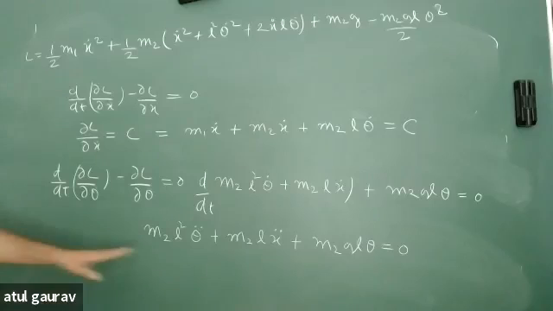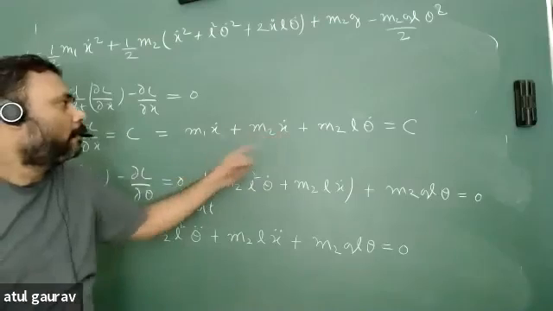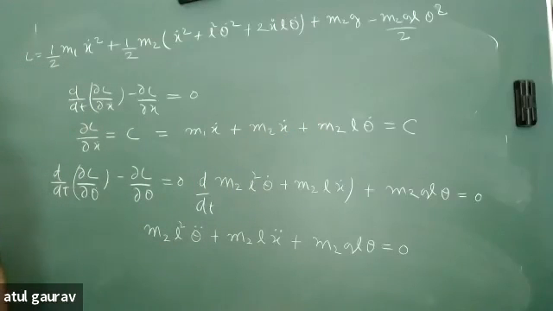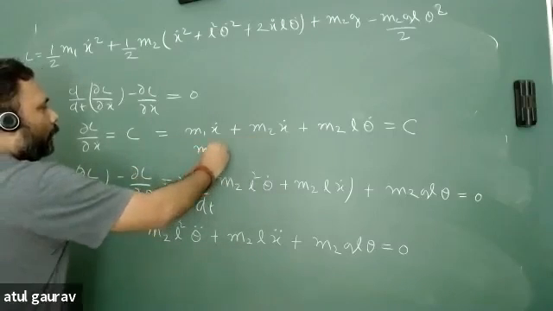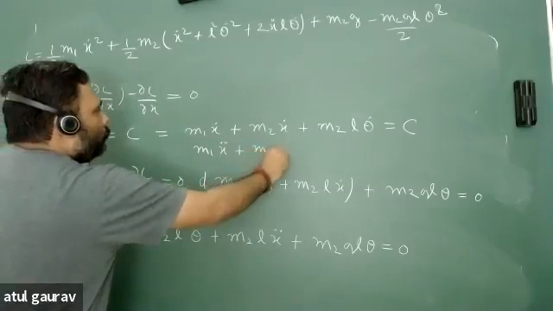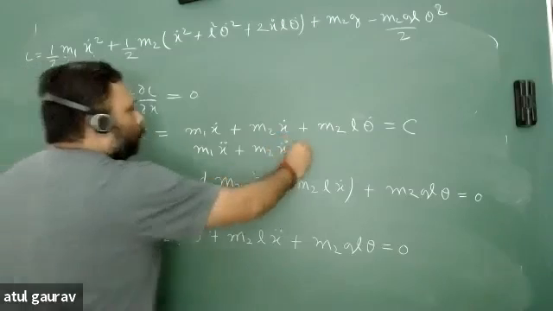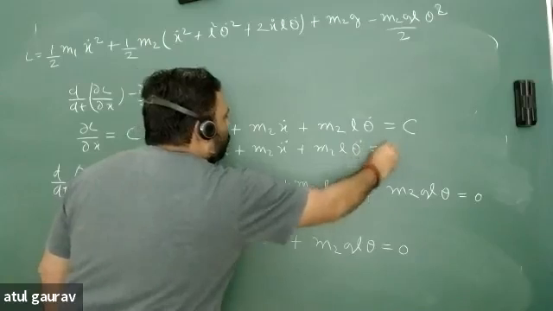Now here theta double dot is there and x double dot is also there, so we can write x double dot in terms of theta double dot. Let's find it. I can differentiate the constant equation: M1 x double dot plus M2 x double dot plus M2 L theta double dot is equal to 0.